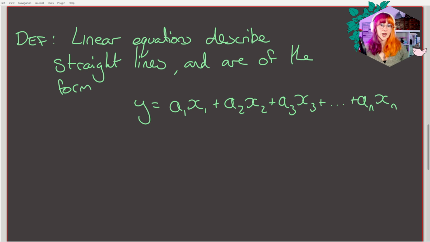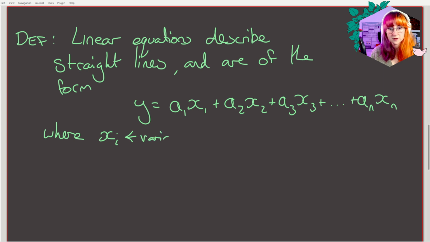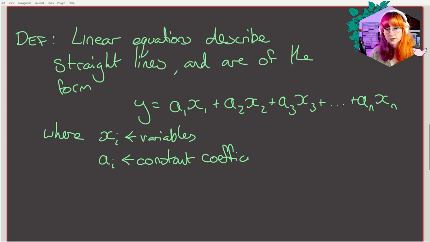So that is where your xi are your variables and your ai's are constant coefficients, and these will be, let's call them real numbers for now.